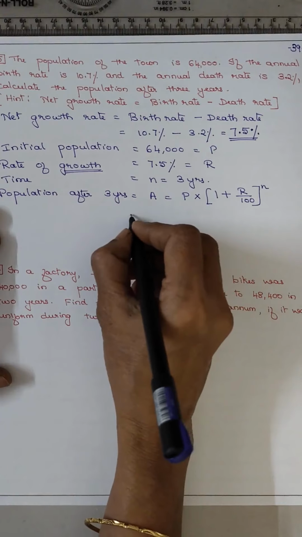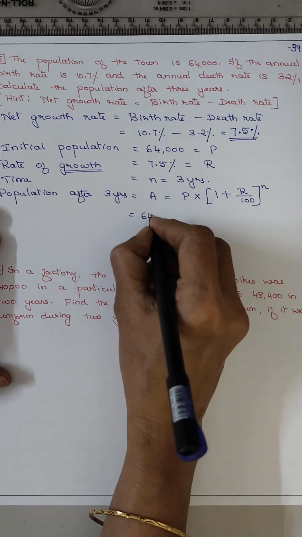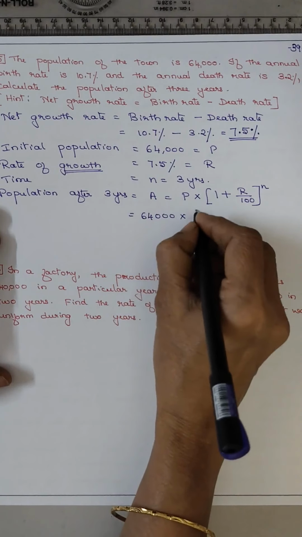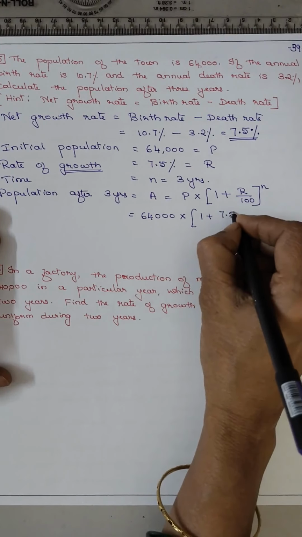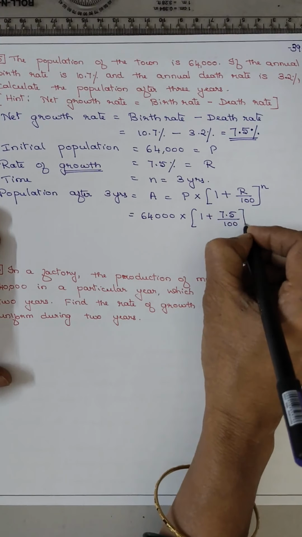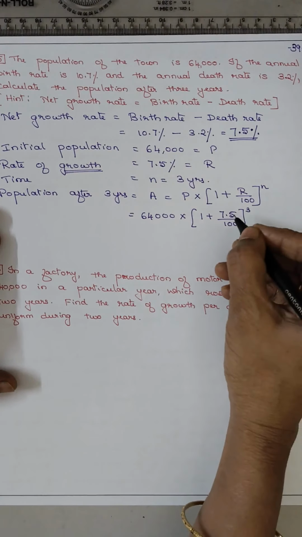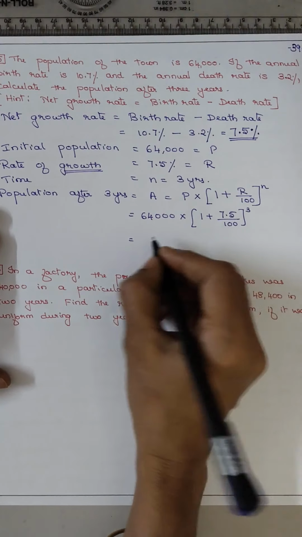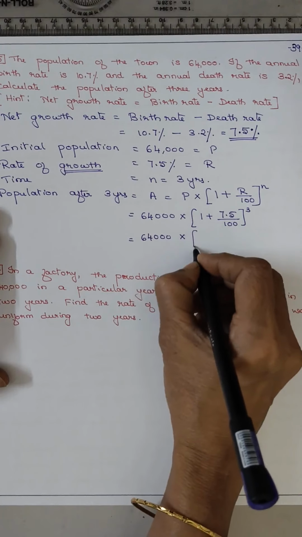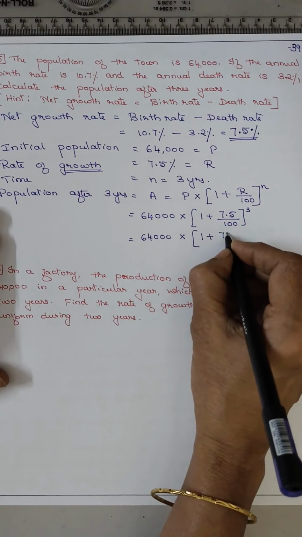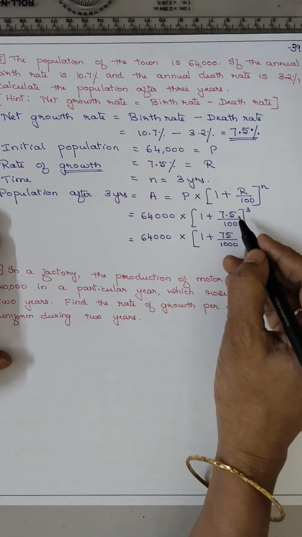Now it will be how much? P is 64,000 into 1 plus R is 7.5 upon 100 the whole raised to 3. Now 7.5 decimal निकालो, so it will be 64,000 into 1 plus 75 upon 1000, multiply by 10.